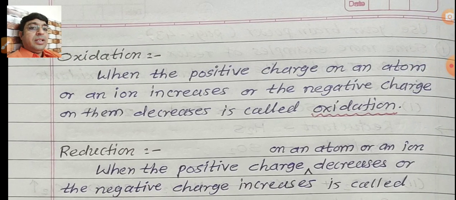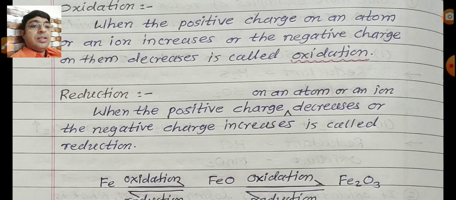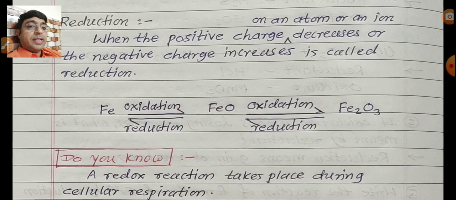So with the help of electrons, we are getting 2 more definitions. When the positive charge on an atom or an ion increases or the negative charge on them decreases, it is called oxidation. Reduction, when the positive charge on an atom or an ion decreases or the negative charge increases, is called reduction. So the reaction is given there on the same page in the textbook.